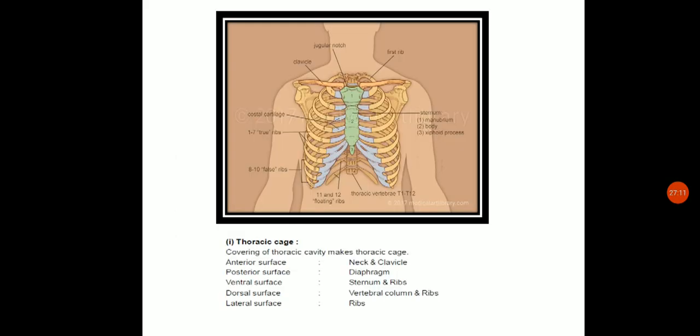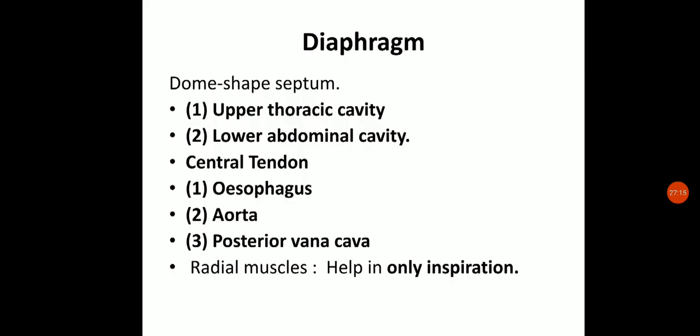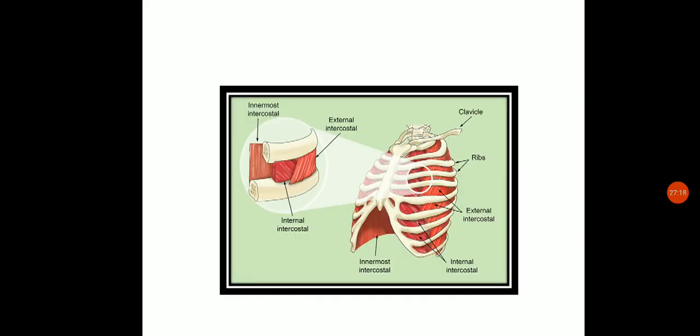So we have seen the structure of lungs, the structure of alveoli, the thoracic cage and the diaphragm. Now another part is the intercostal muscles. What are intercostal muscles?